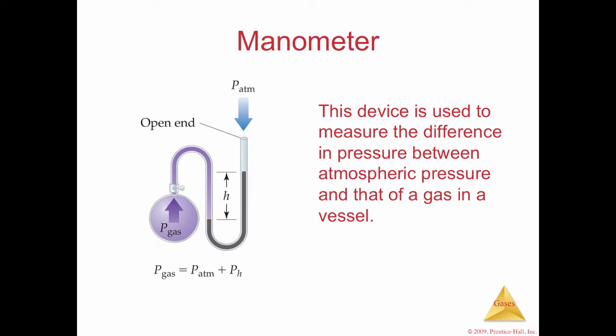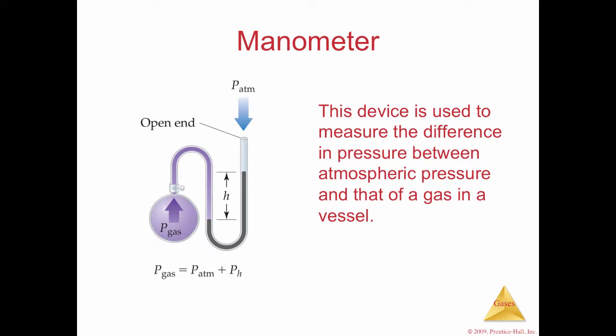There's another instrument that's used to measure gas pressure, and this is called a manometer. It's used to measure the difference in pressures between atmospheric pressure and that of a gas in a vessel. So in this particular vessel, we have a purple gas, perhaps it's iodine vapor, and you can see that it's exerting pressure on the mercury that's in that tube.